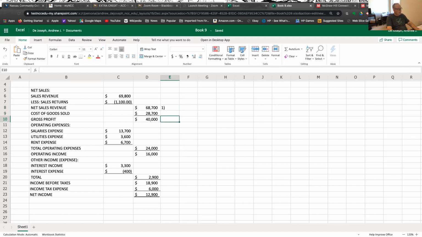And then if we subtract the cost of goods sold from the net sales revenue, that gives us gross profit. We could call that a second subtotal, right? And then if we were to subtract the operating expenses from the gross profit, that gives us operating income. That's a third subtotal, right? And we could call that most important.